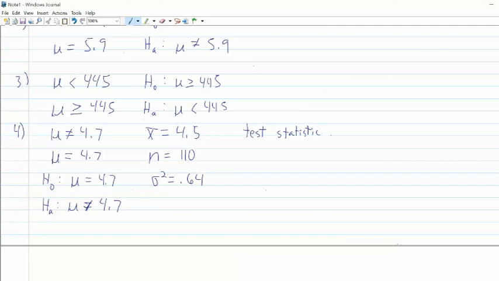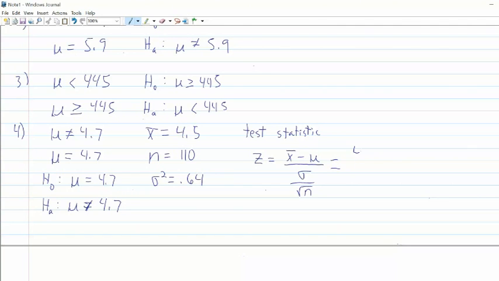Now, the way that we find the test statistic for a mean, if it's normally distributed, the test statistic z is equal to x bar minus mu over sigma sub x bar. Sigma sub x bar, not mu sub x bar, is sigma divided by the square root of n. All right.